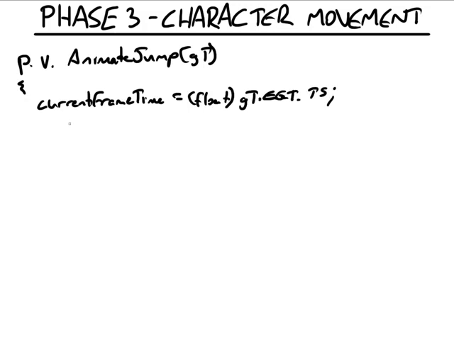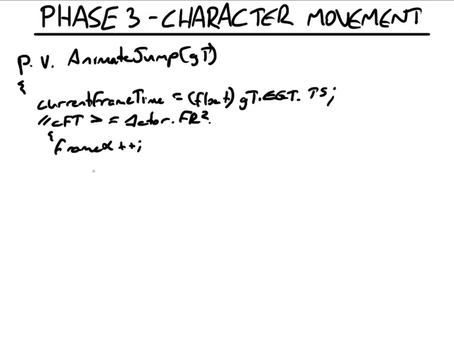There we go. Have we gone over our limit? Current frame time bigger than or equal to actor dot frame time dot frame rate. And if we are, then we'll say frame x plus plus. There we go.